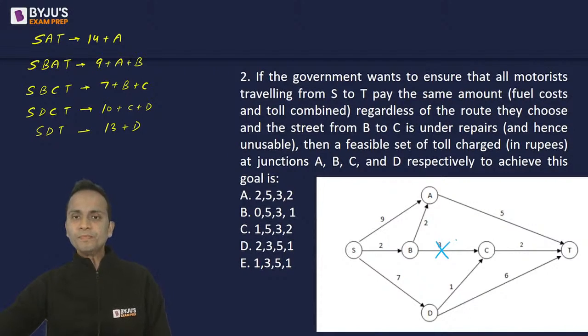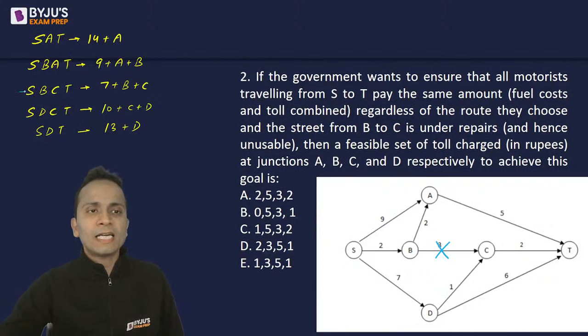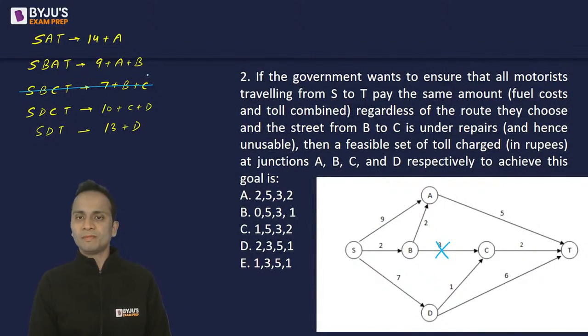Okay, so let's have a look at it again. Now the street B to C is closed. So one of the streets is closed. So I can say that this particular route is not available, right?